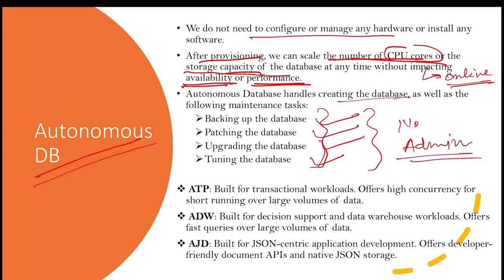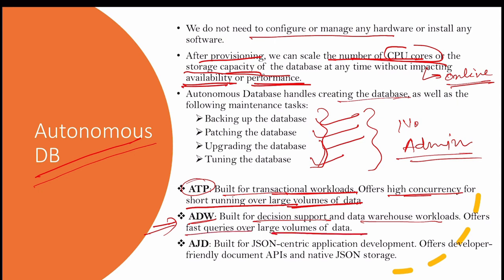So what are the three types we have? Autonomous transaction processing is built for transactional workloads, offering high concurrency for short running queries over a large volume of data. Autonomous data warehousing, ADW, is built for decision support and data warehouse workloads, offering fast queries over a large volume of data. Autonomous JSON database is built for JSON-centric application development, offering developer-friendly document APIs and native JSON storage.